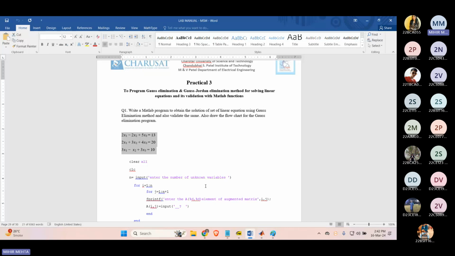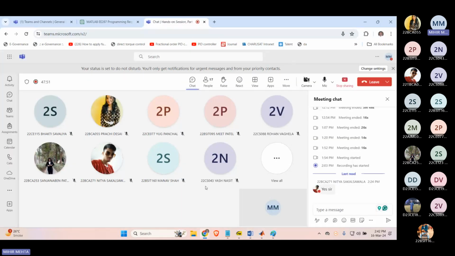But first of all, if I say I want this to be solved using Gauss elimination, does anyone know what the Gauss elimination method is? Is anyone aware of it? Have you studied this before?